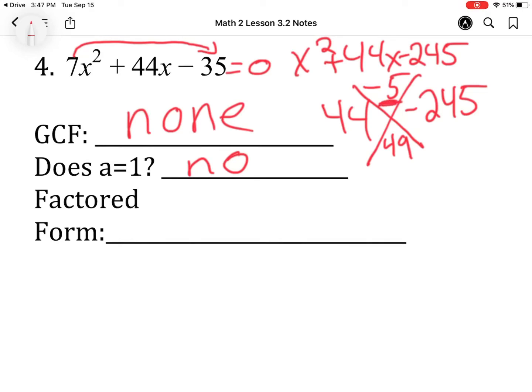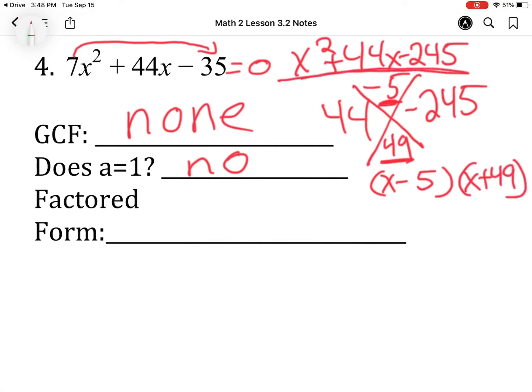So our magic numbers make our factored form. And that's if we had started with this equation, but we didn't. We started with this one, where the A was 7.